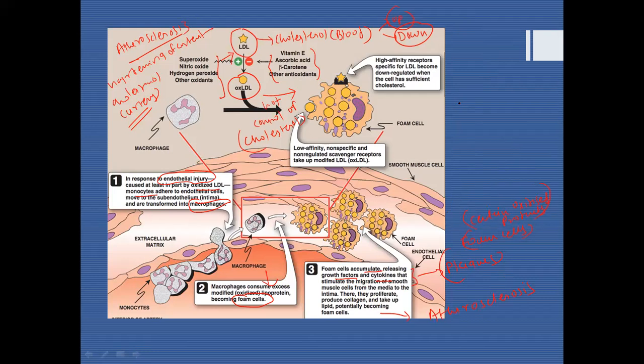So basically, oxidized LDL, if it is not regulated, is taken up by the monocyte. Monocyte will form macrophage.